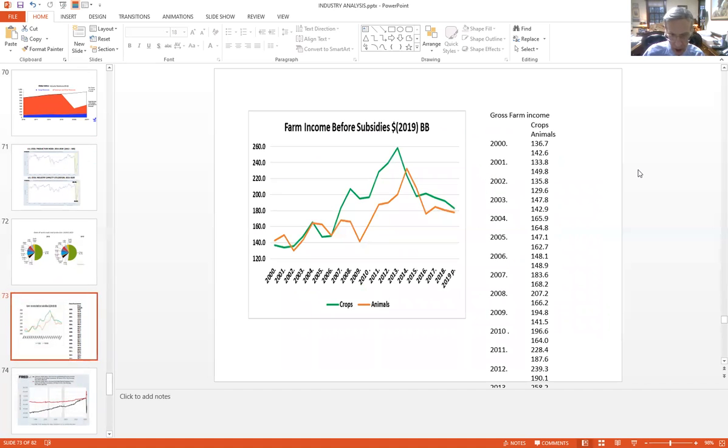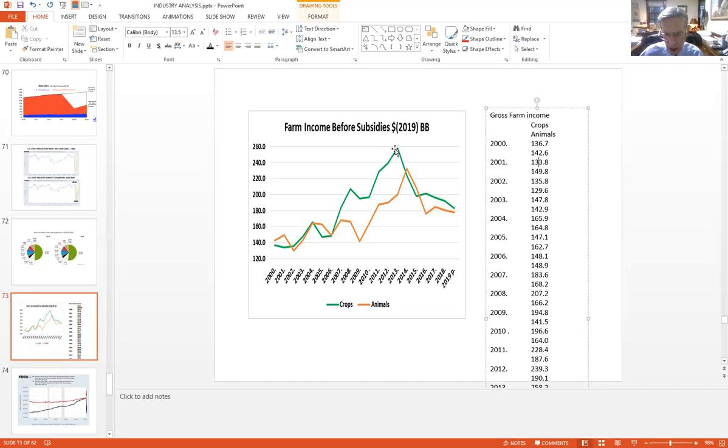Okay, farm income, oh my. And this, by the way, is the United States farm income before subsidies. And it's standardized so that 2019 is the base for these calculations. And again, I've got a little problem with my table over here, but crops are on the top, animals are on the bottom.